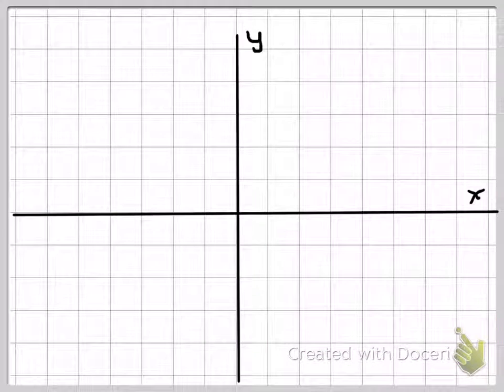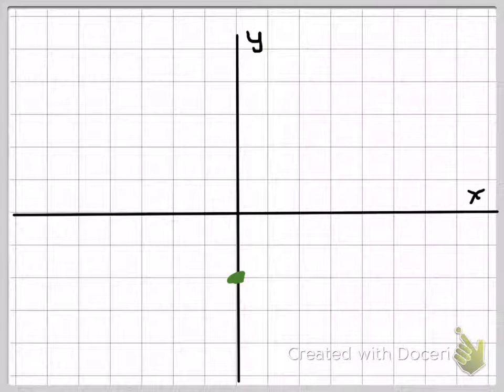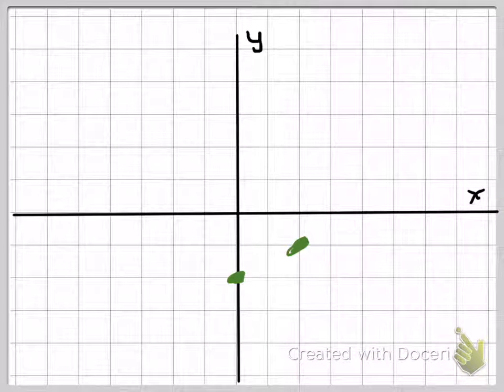So I need to plot my y-intercept at -2. My slope is +1/2, so I'm going to rise up 1 and go over 2 spaces. Dotted line, so let's draw a dotted line.